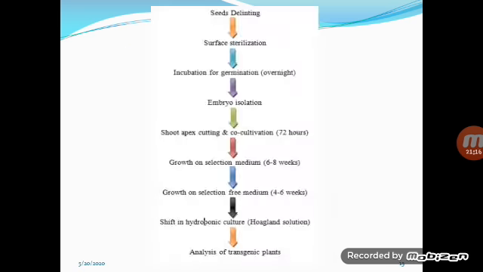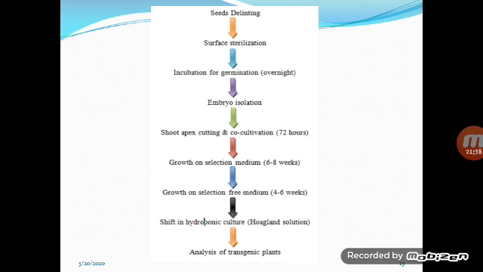This is the overall view of plant transformation. In this case, suppose we want to transform cotton plants. So what steps or points are involved?